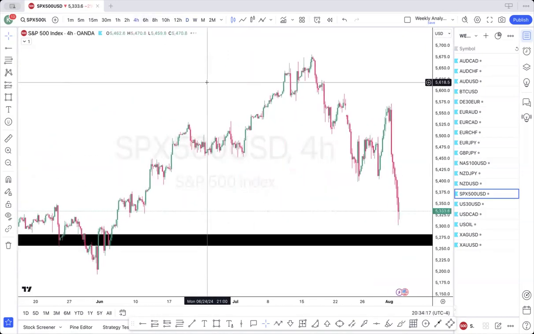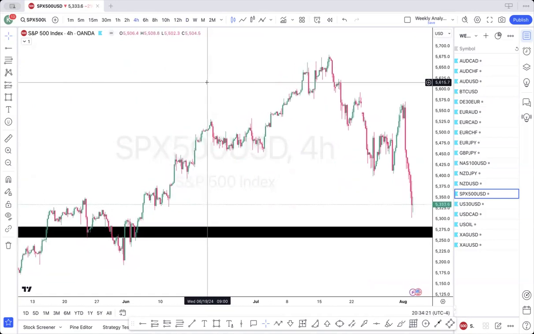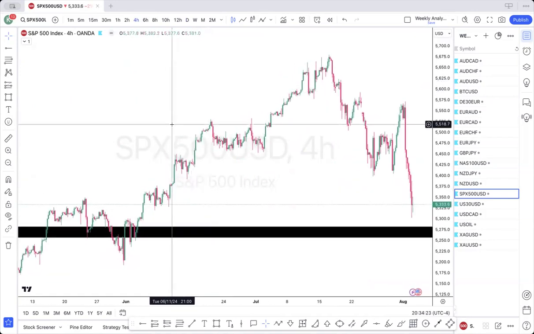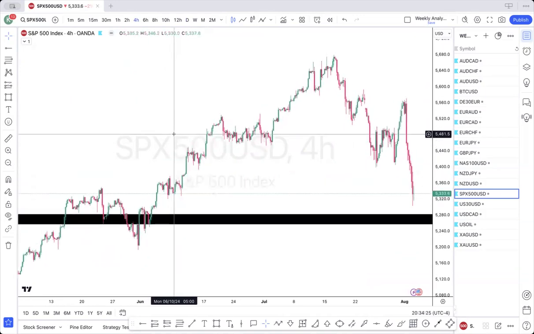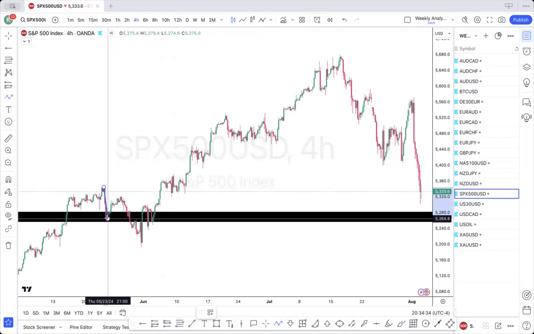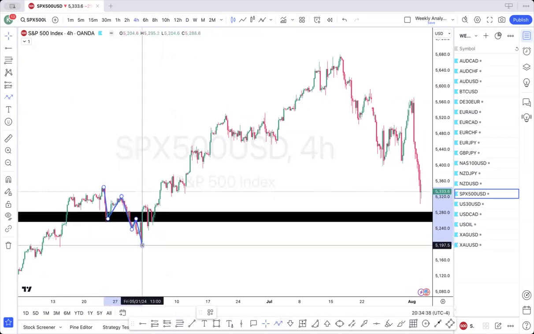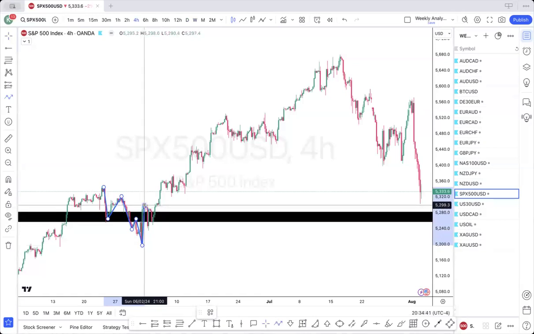Let's look at the 4-hour. So if I look at the 4-hour and I'm looking at market structure, I'm just looking to the left because that tells me what I need to see. And then price broke here, right?